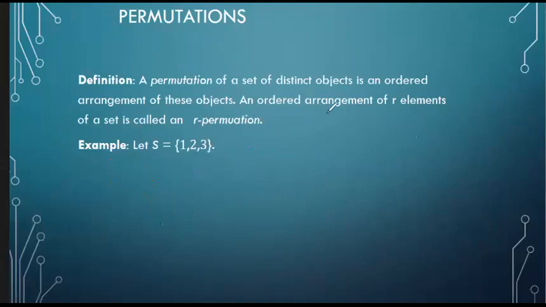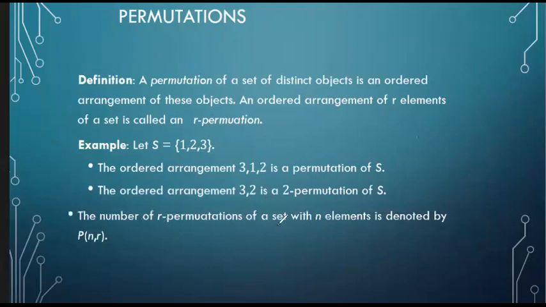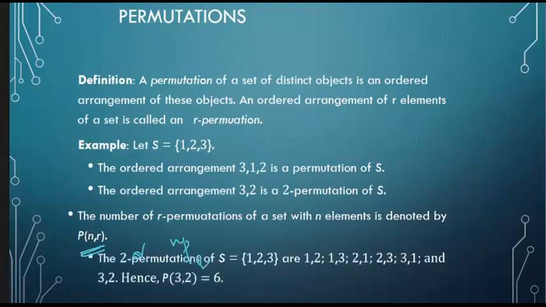The same thing, a permutation of a set of distinct objects is an ordered arrangement of the objects. An ordered arrangement of r elements of a set is called an r-permutation. So if we have ordered arrangement 1, 2, 3, then 3, 1, 2 is a permutation, 3, 2, 1 is a permutation, and the number of r-permutations of a set with n elements is denoted by this, or even what we have studied, which is nPr.